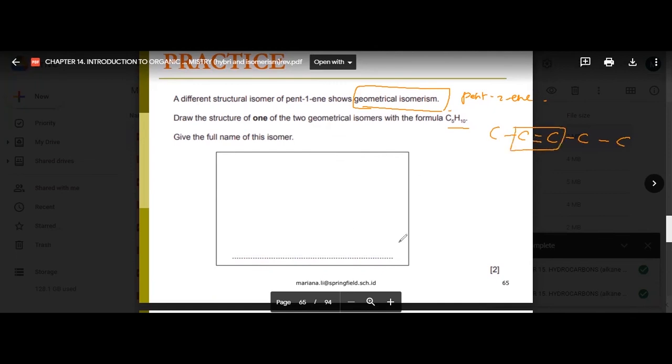The C double bond C. The first C is connected to CH3 and H. The second is ethyl and H. This is ethyl, right?